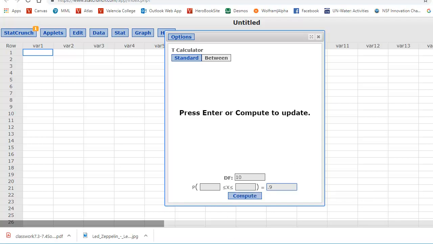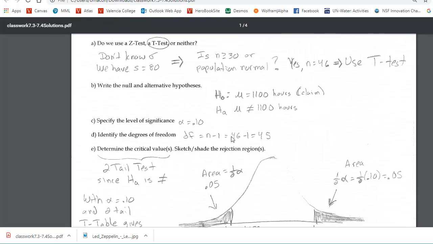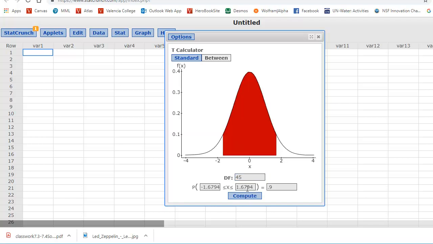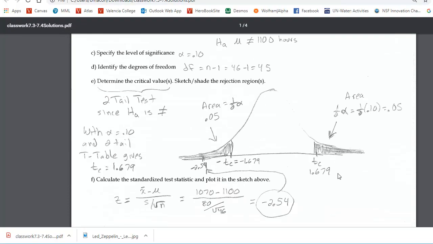We had a sample size of 46, so our degrees of freedom is 45. We put in our degrees of freedom of 45, and when we click compute, there are our critical values of 1.679 and negative 1.679.